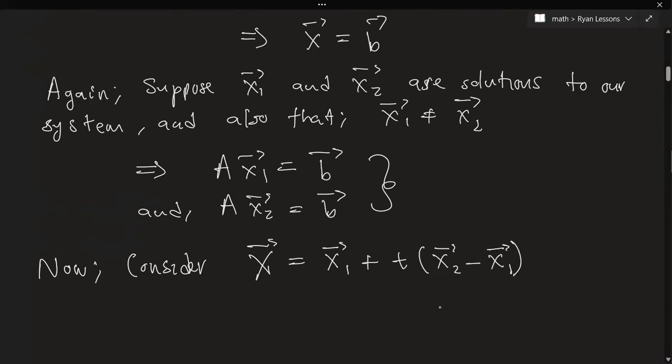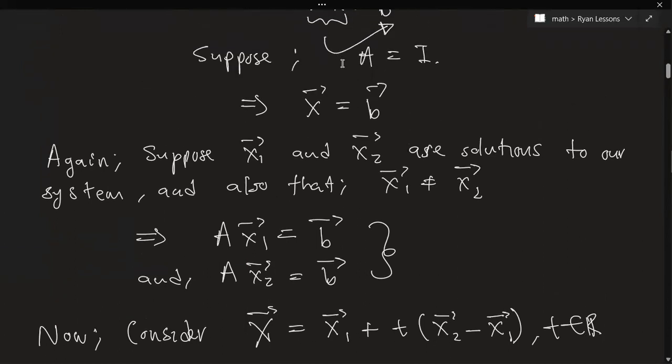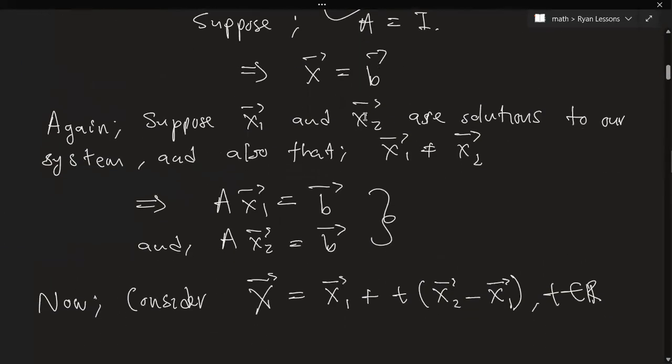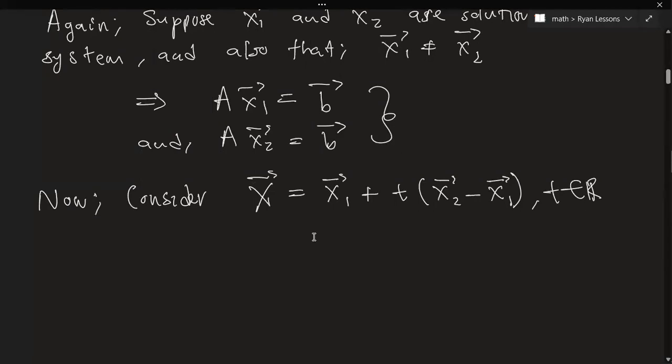I have created a new vector using the two vectors that I know are solutions. And this T that you see there can take any value which is a real number. What I'm going to prove is that this thing we've created here is actually another solution to this equation. So how can we show that this is actually another solution?